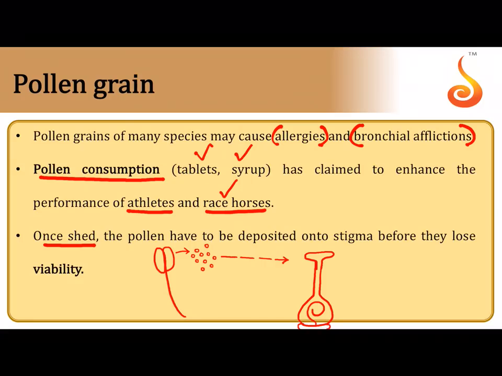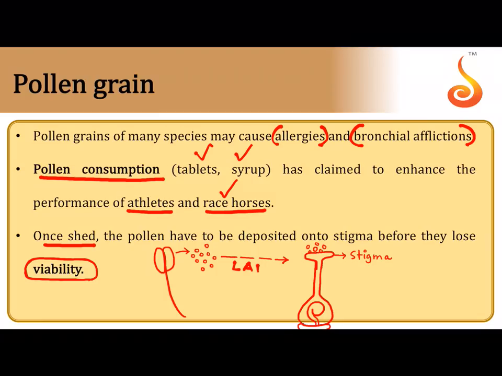There is a female reproductive part with ovule inside, and this is the stigma. By the time it goes and gets deposited on the stigma, it should not lose its viability. Viability means its ability to fertilize the egg, its ability to germinate once it is deposited on the stigma.